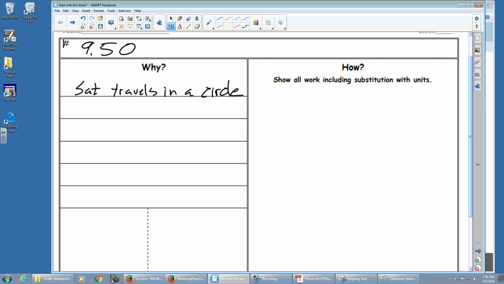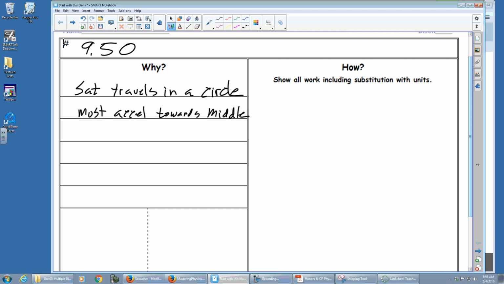What do we know right away since it's traveling in a circle? It's accelerating, in which direction? Towards the middle. And what causes acceleration? This is one of those questions I'm going to keep asking. That's what acceleration describes, how the direction of the velocity is changing.